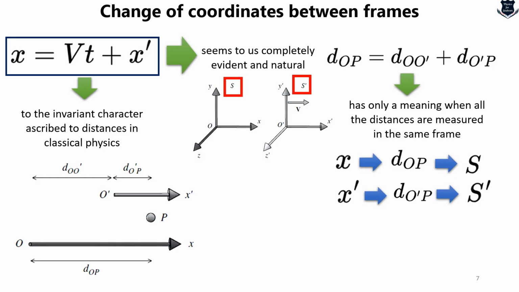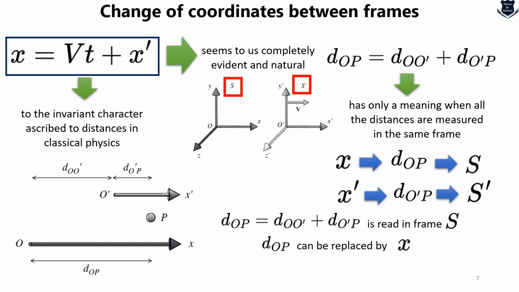From this, what we can say is that if this equation is read in frame S, then DOP can be replaced by x. But we should remember that DO prime P should not be substituted by x prime. This is not possible.